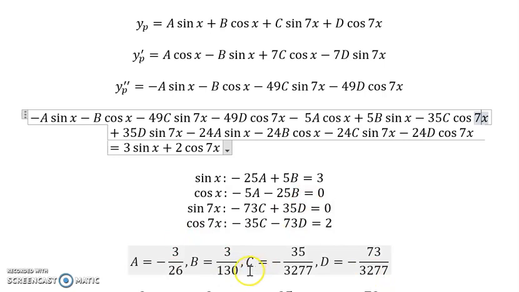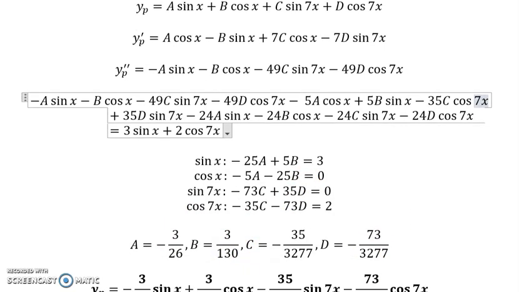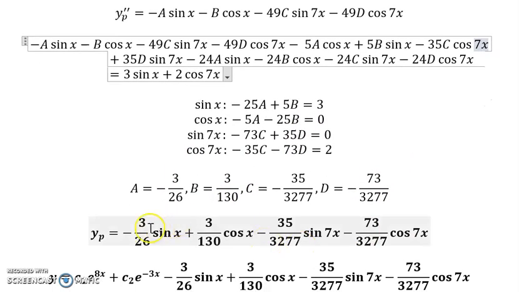But we're left with these coefficients, and so we plug them into the non-homogeneous particular solution, and they just get plugged in as coefficients of these initial terms.